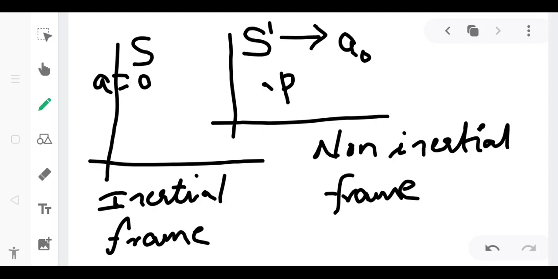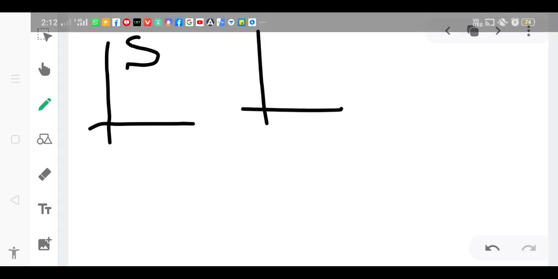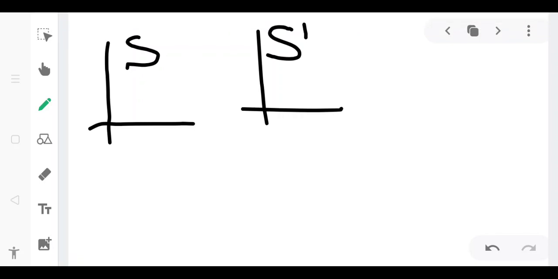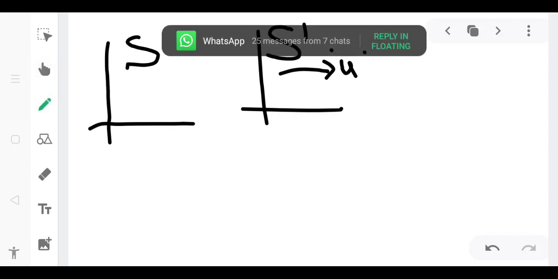So to calculate that, previously we have discussed that if there is an inertial frame of reference S and another frame of reference S dash is moving with uniform velocity u, then S is already told to be an inertial frame of reference, which means its acceleration is zero.